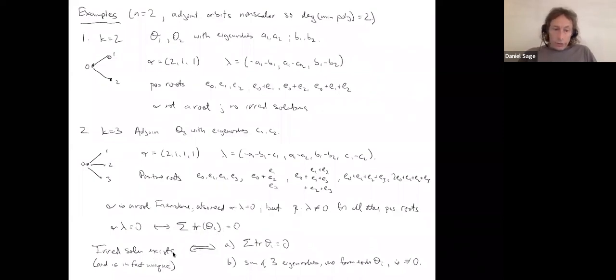And an irreducible solution exists and is in fact unique if the sum of the traces is 0 and the sum of any 3 eigenvalues, 1 from each O_i, is non-zero. It's pretty easy to figure out from Crawley-Boevey's general solution. Anyway, so that's that.